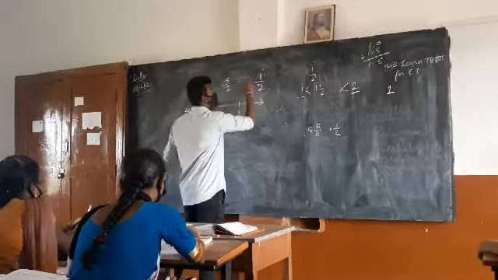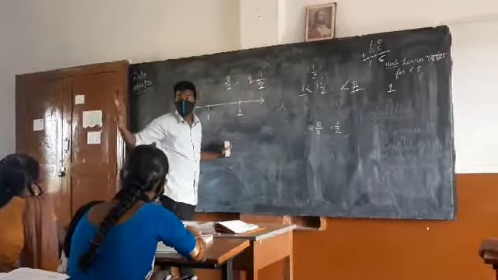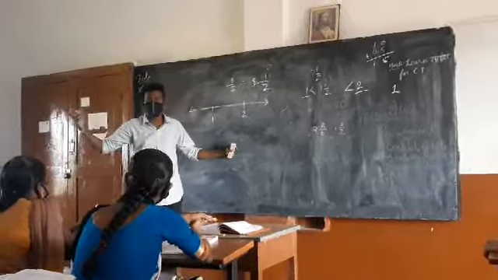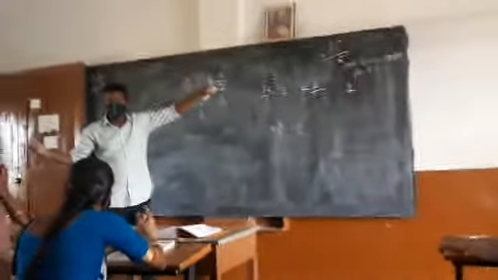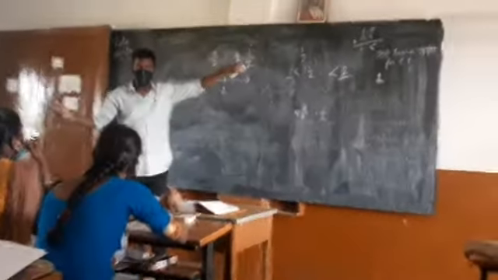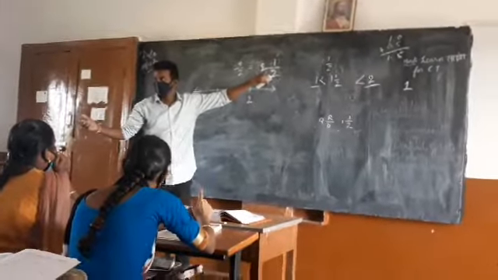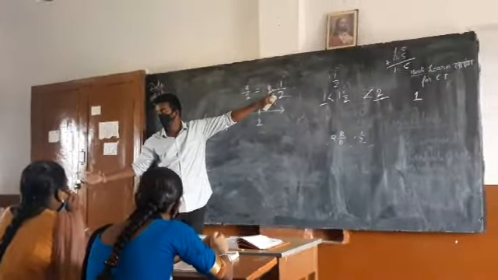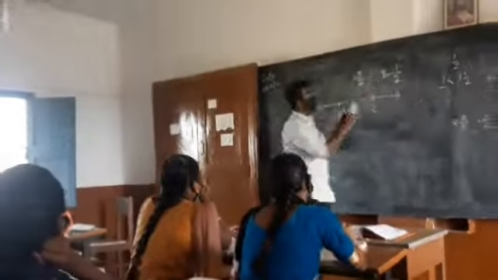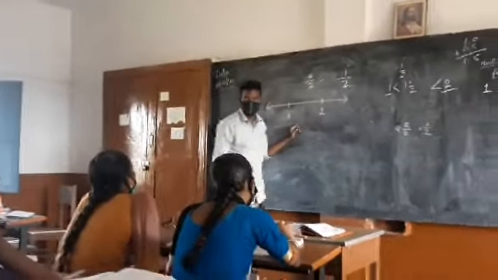If suppose it is 2 1 by 2, can anyone guess what my integers are? Okay, sit down. I am plotting 1 1 by 2 on the number line.